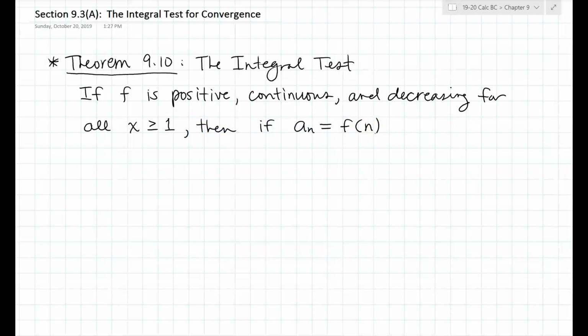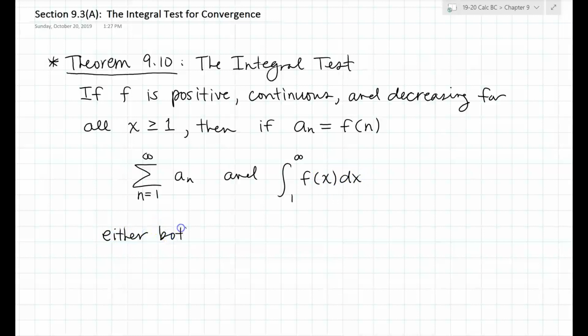In other words, if you can rewrite the series as a function, you're just changing variables, so it's not a big deal. We get the following. The sum as n goes from 1 to infinity of a sub n and the integral from 1 to infinity of f of x dx either both converge or both diverge. So they're either going to both converge or both diverge.